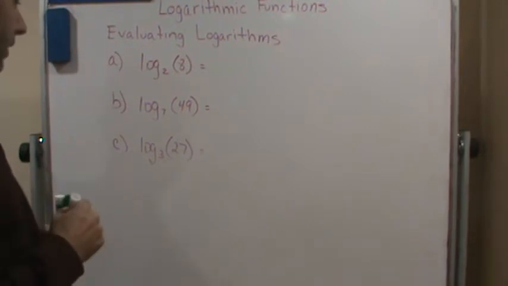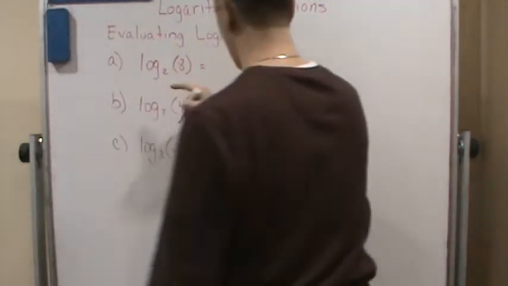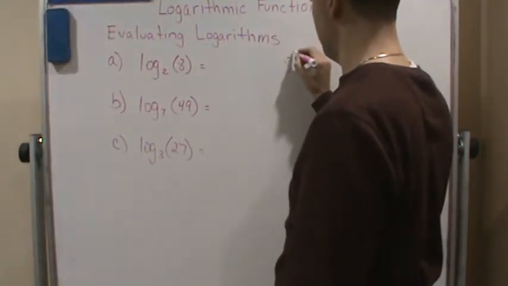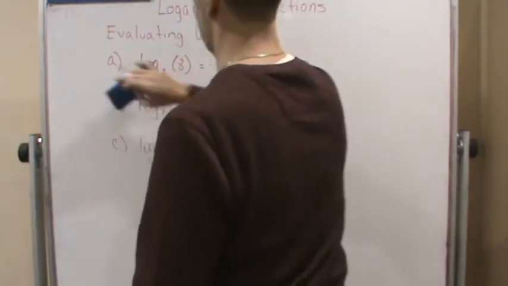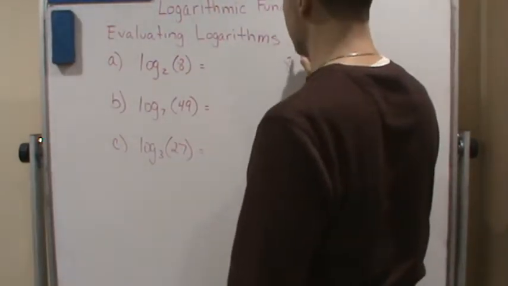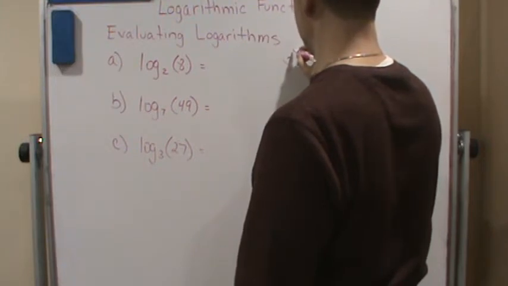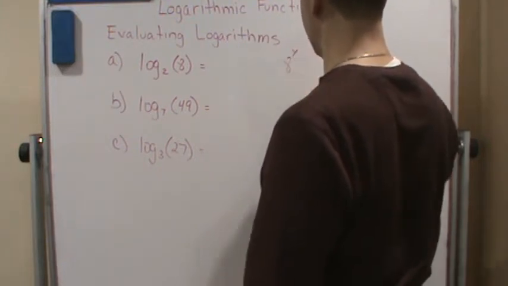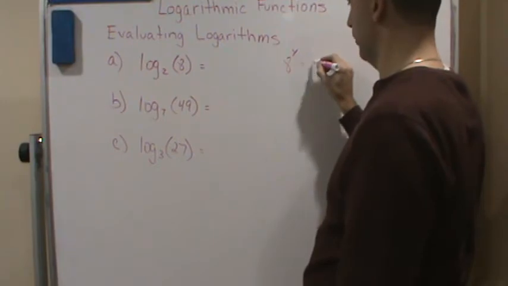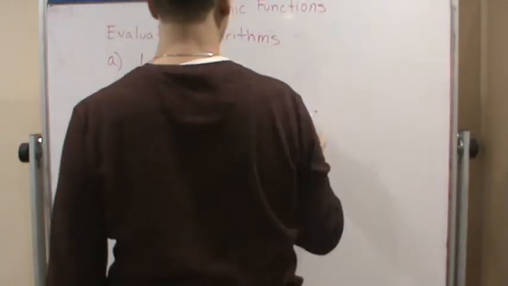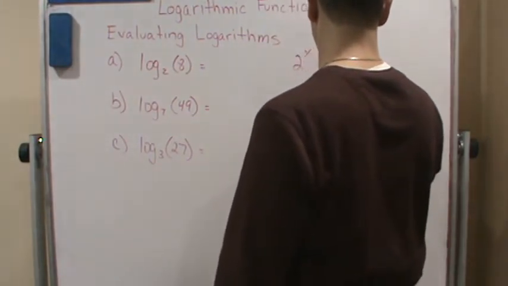Now, the way you would do this is you would change this into exponential form to help see it better. So, for example, I might write this as 2 to the y equals 8.